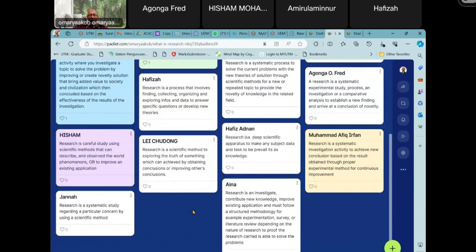So doing literature is the first stage in research. Yeah, so my definition was: research is a careful study using scientific methods that can describe and observe the world phenomena or to improve an existing application.